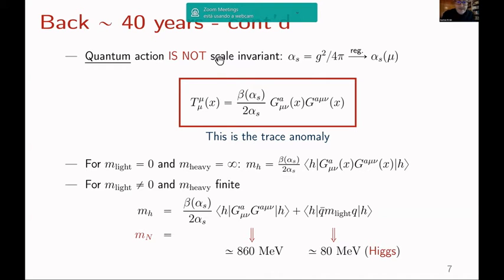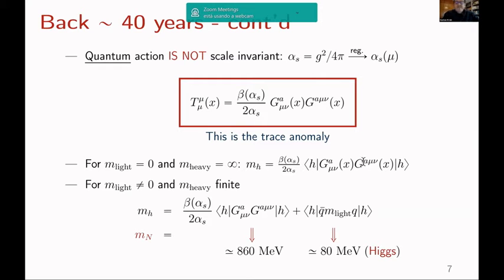Okay, then you can show that the trace of the energy momentum tensor is not zero anymore. It is given by this combination of the gluon fields. Okay, and this is what is known as the trace anomaly. So, if I repeat the calculation that I did on the previous slide, I get that the hadron mass comes entirely from this gluonic operator.